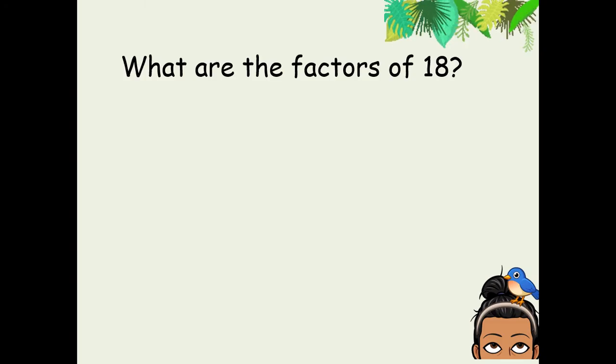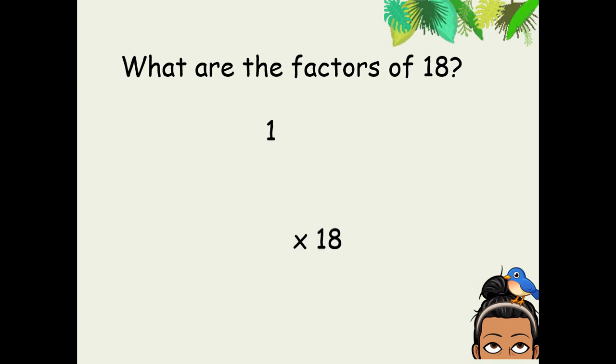Let's look at the factors of 18. Remember, factors are numbers that go into the number without leaving a remainder. So we need to find those numbers that go into 18 exactly. And if you pick up the pattern, 1 is a factor of every number because it goes into every number without leaving a remainder.